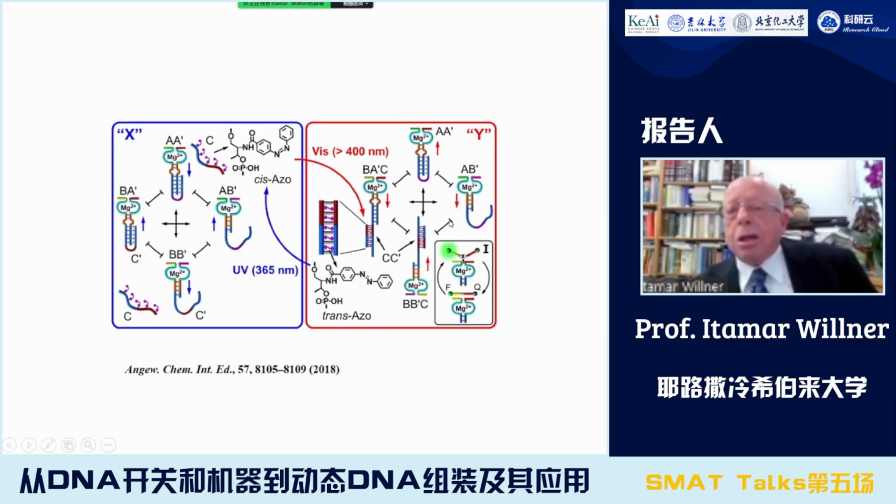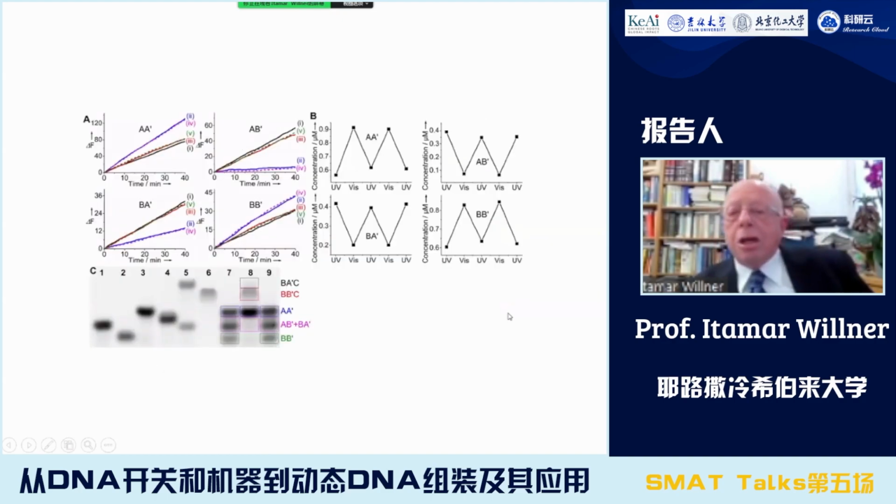If now we take the reconfigured network Y and we shine light on the system at 365 nanometers that converts the trans-azobenzene to the cis, we separate this component and we regenerate the network X. So we have by light a reversible reconfiguration of the network.